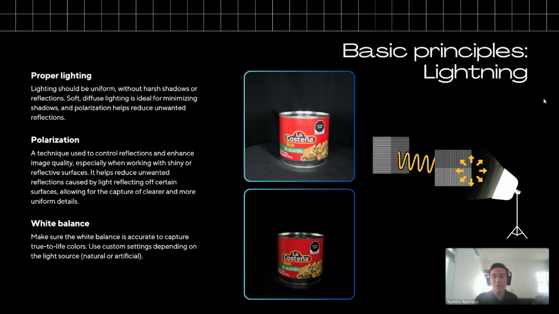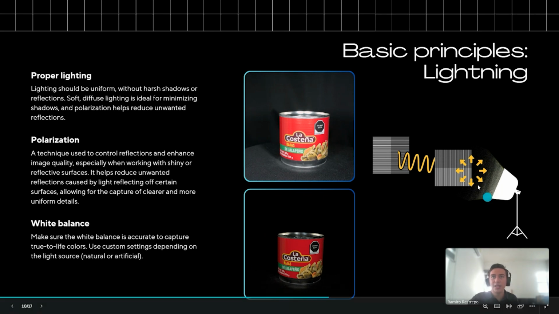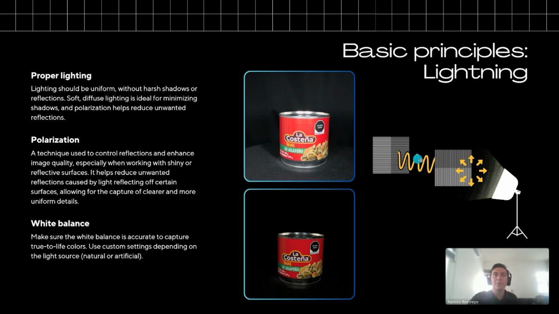In photogrammetry, we use a technique called polarization. It's a phenomenon where light waves that usually vibrate in all directions are aligned in one direction. This can be achieved using polarizing filters that block light waves that don't align in that direction. These filters are used on the camera and light sources, creating a double polarization, and that can reduce reflection and improve contrast.